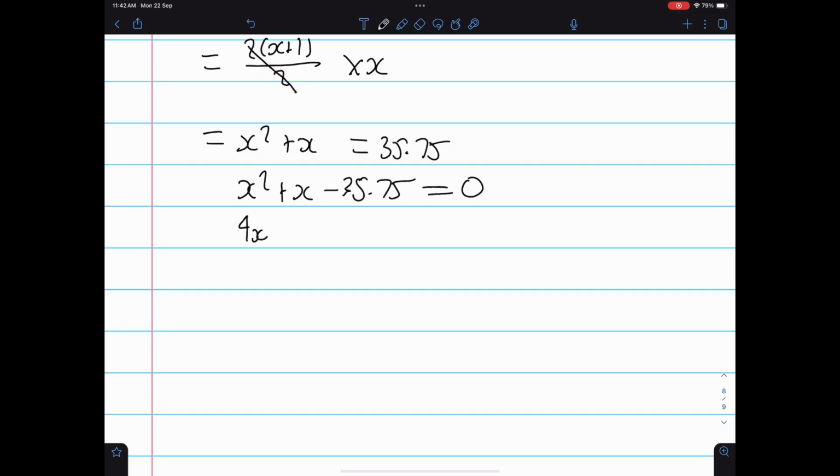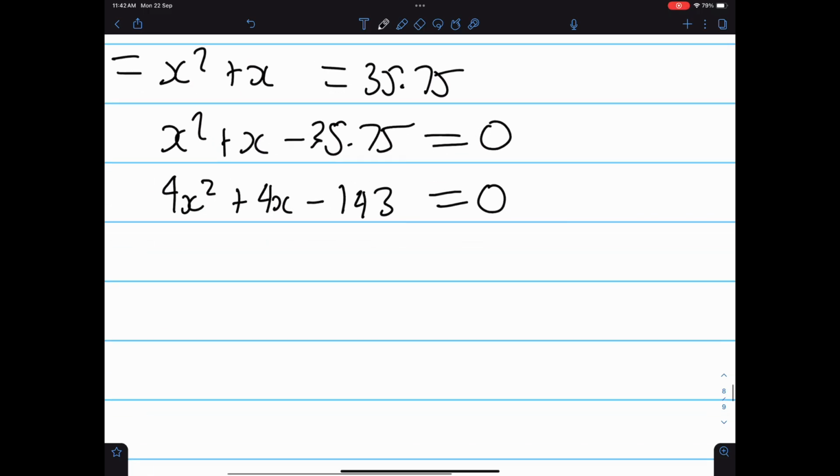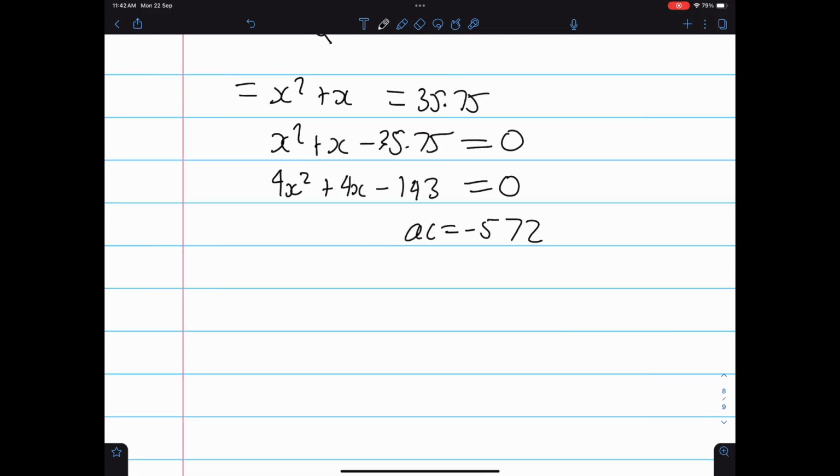And we could then just multiply this out to get whole numbers. And then AC is equal to minus 572. And then we would have to try and figure out a way to factorise.